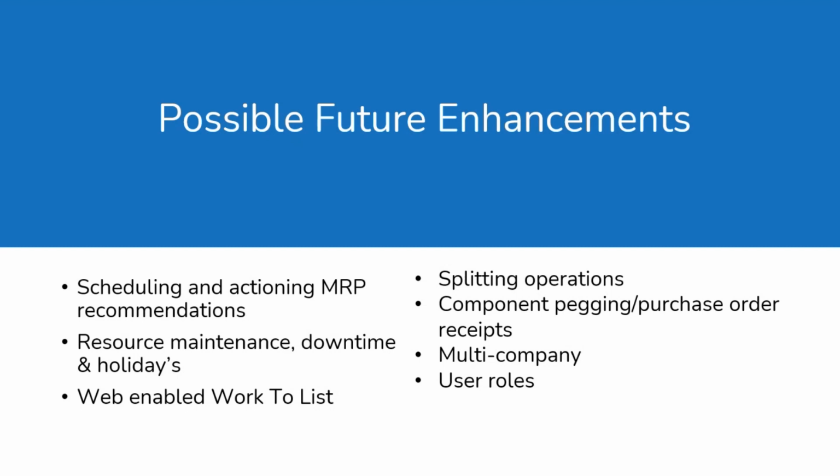We're also looking at the possibility of having multi-company within the same interface, and user roles, giving people the ability to just inquire on the scheduler and not be able to move any of the operations and the jobs around. That may fall into the same sort of feature as the work to list.